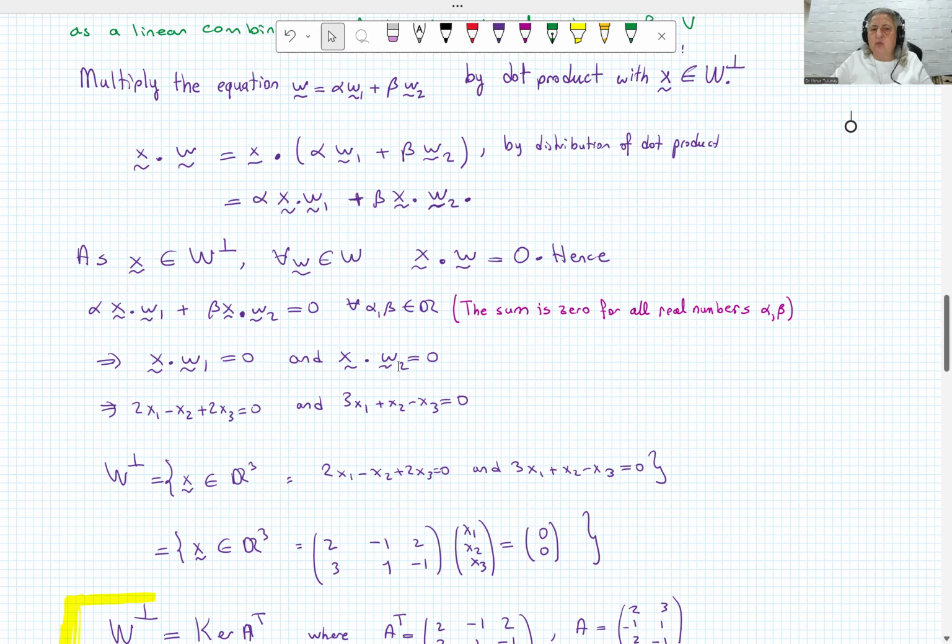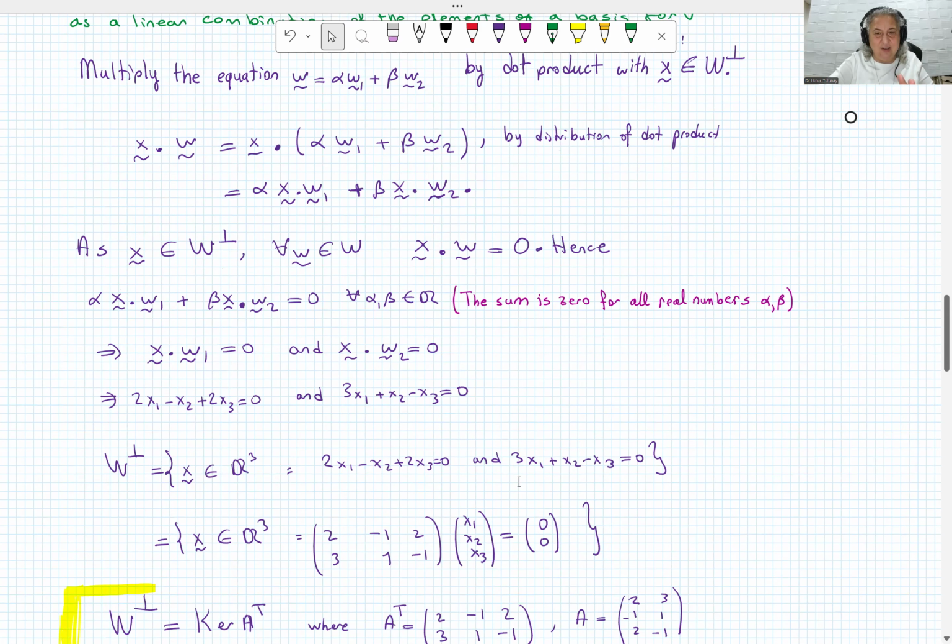And for x dot w2, with (3, 1, -1) as the w2 vector, when you take the dot product with x, you have this equation. So you have two equations. These two equations need to be satisfied for each x. So the orthogonal complement of W consists of the x such that these two equations are 0.